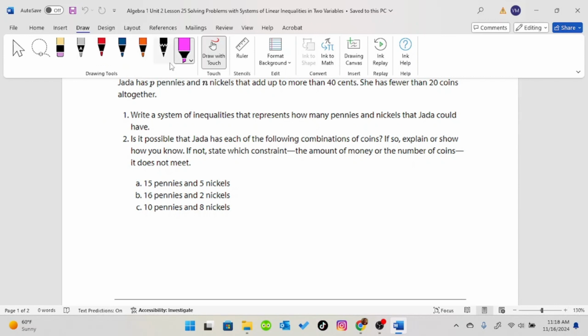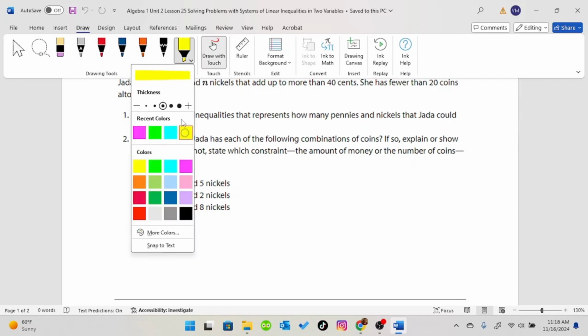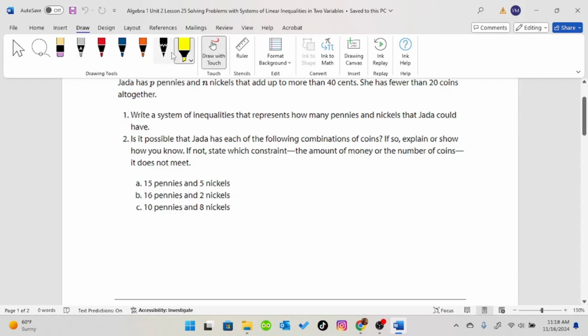So first, when we look at this, we can see that P represents pennies and N represents nickels, and that there are fewer than 20 coins.